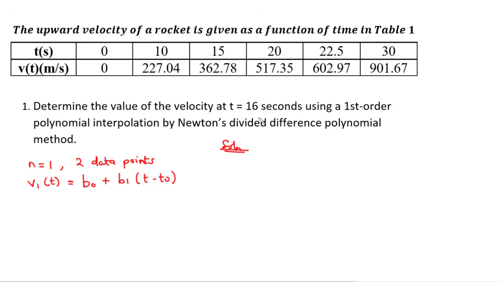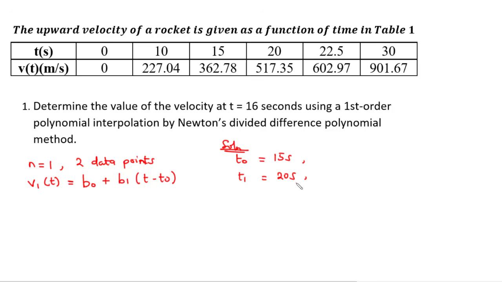So we want to select two numbers that are closest to 16, but that also bracket 16. From the previous lessons, you realize that we chose the values 15 and then 20. So we have t0 as 15 seconds, and t1 as 20 seconds.